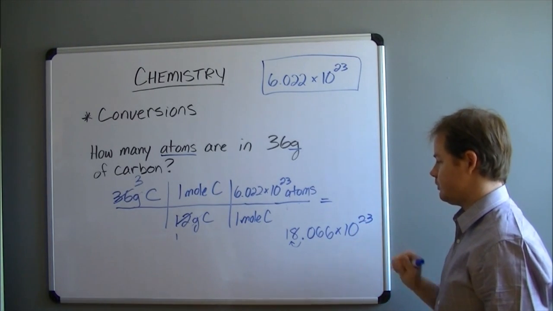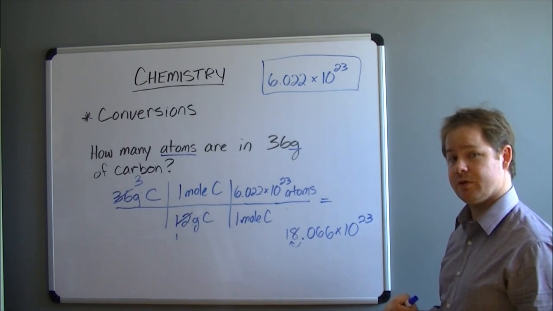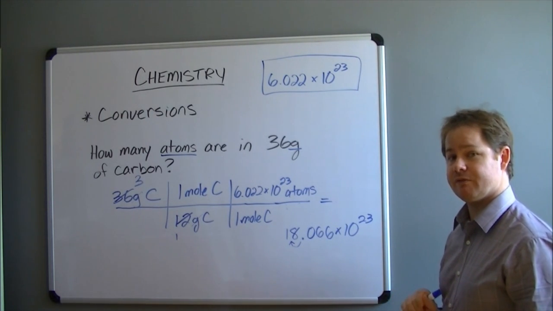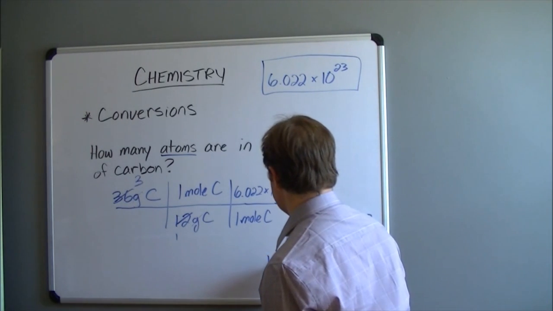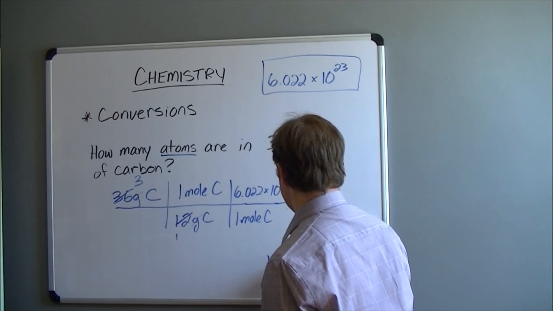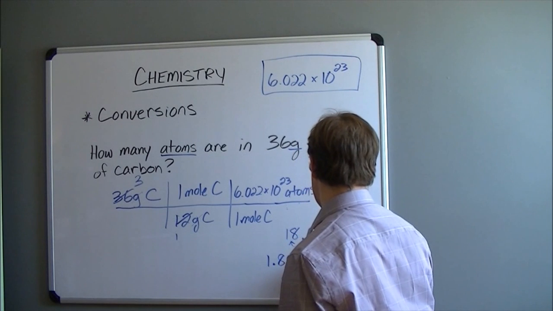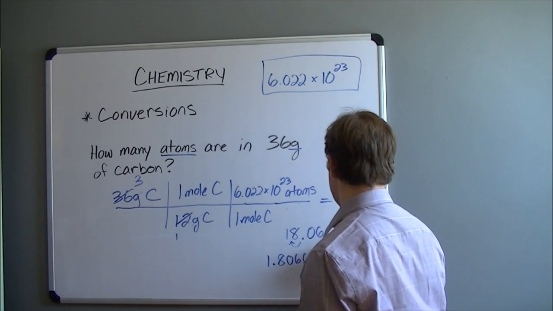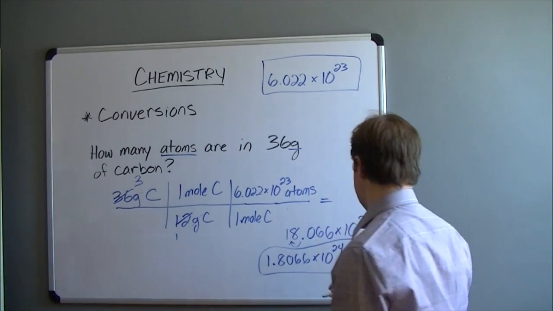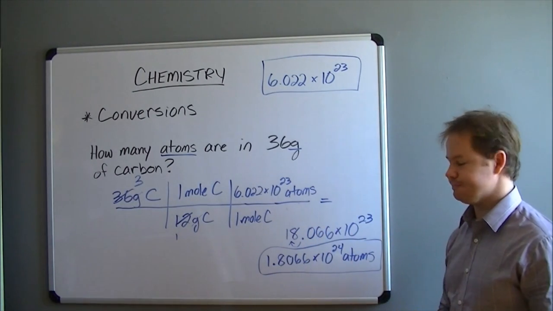So 18.066 times 10 to the 23rd will give us what number as our final answer? If you said 1.8066 times 10 to the 24th, you're correct. In the units that we have here, which is what our question was asking us for, this is represented in atoms.